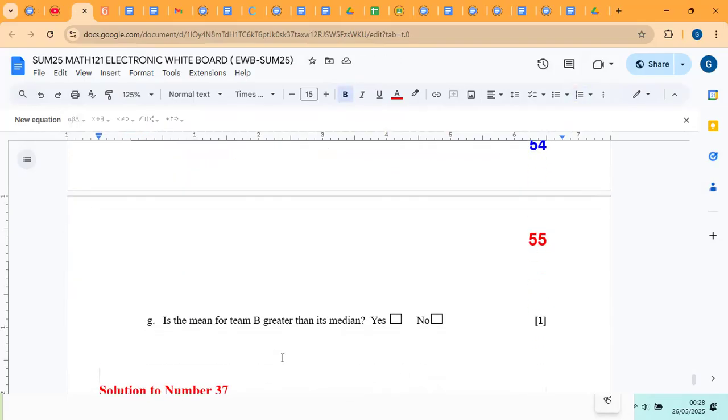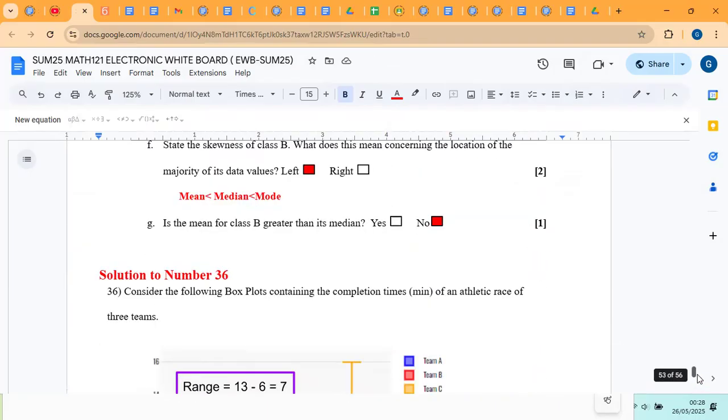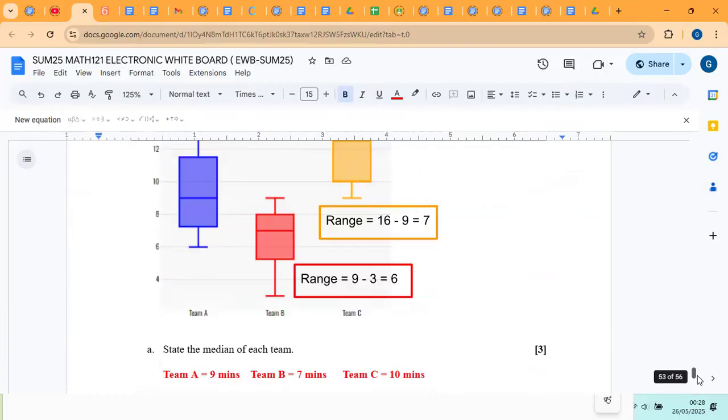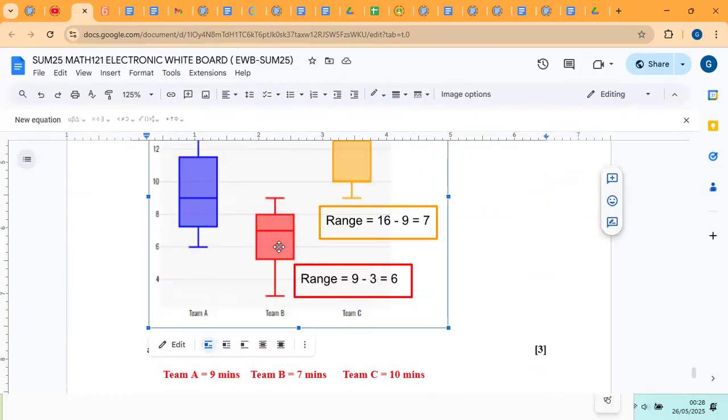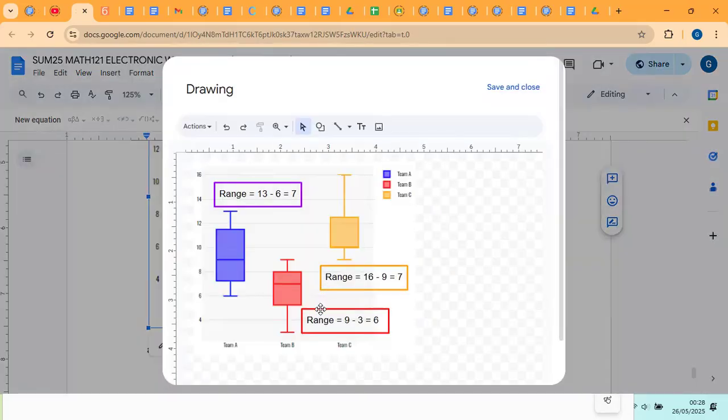Now, part G is asking, is the mean for team B greater than its median? So let's look at team B. Let's look at its skewness. Team B is skewed towards the left. Okay, as you can see, the box is on the higher end of its scale.